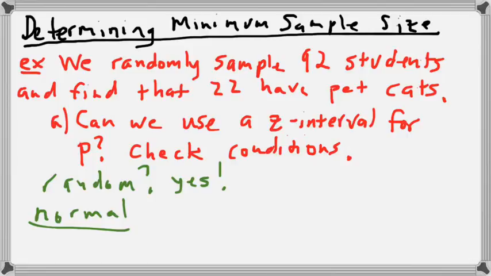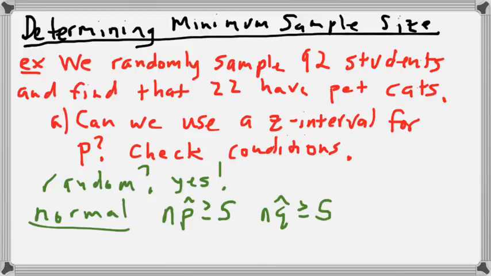Do you guys remember what the normal condition was for this chapter? np and nq. Good. They have to be greater than 5. Again, it is very common for students to get these two mixed up. But in this case, I need to check that np, and in this case n p-hat, is greater than 5, and n q-hat is greater than 5.